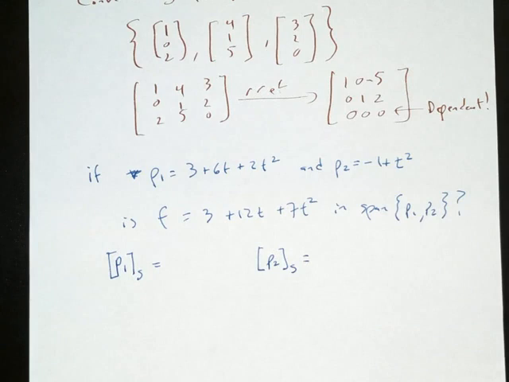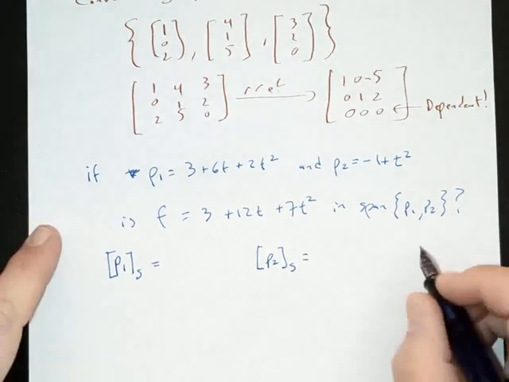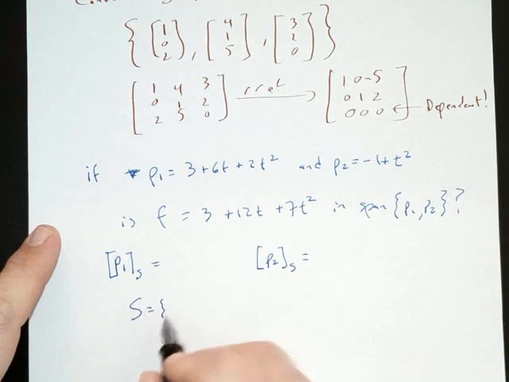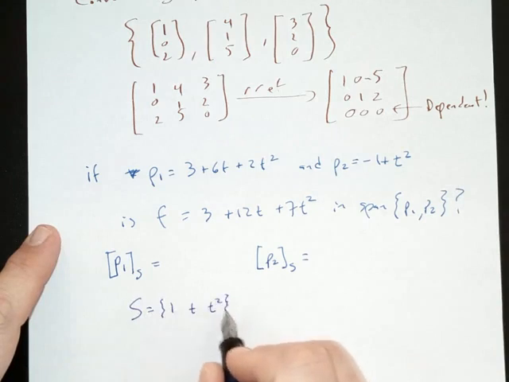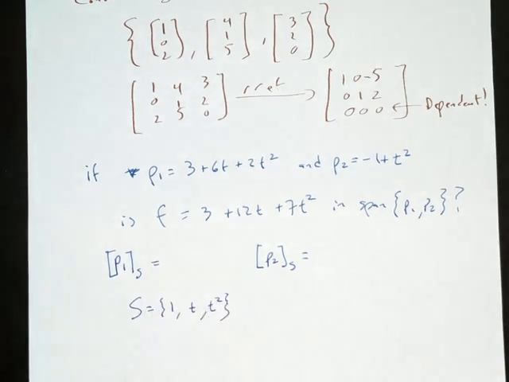I'm using the standard basis. Now, my standard basis looks like that. So what is the coordinate vector for P1?